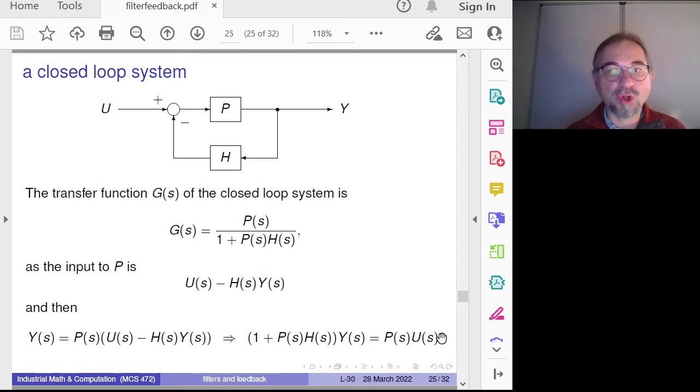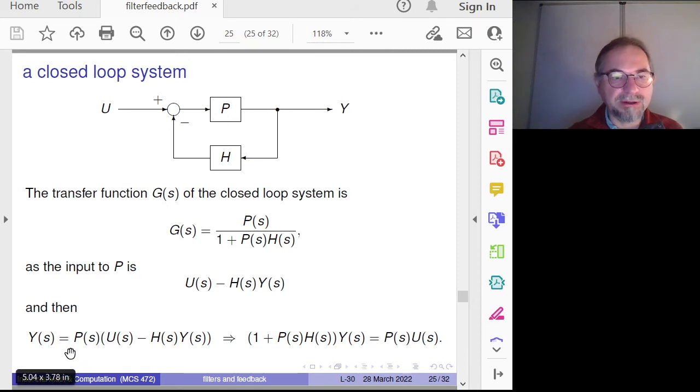So that gives then a closed loop system with the transfer function expressed here as this rational form. Why is that? Well, here you see the input to the controlled plant. Now we have the original input and minus the correction term. So we then feed this input to the plant.